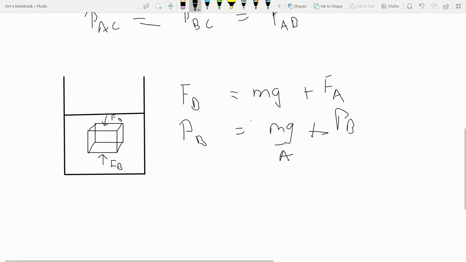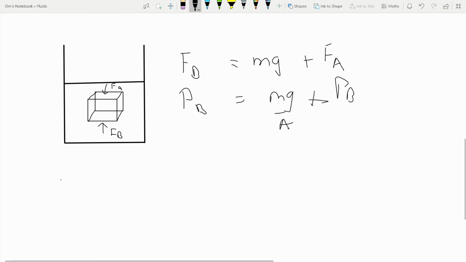Now you might be thinking that the mass m actually depends upon the shape that we choose, and hence it is dependent on that. But what we're going to do now is express mass in terms of density and volume. So we can say mass is equal to rho into the volume of this cubical region. If the height was h, the volume of the cube is h cubed.